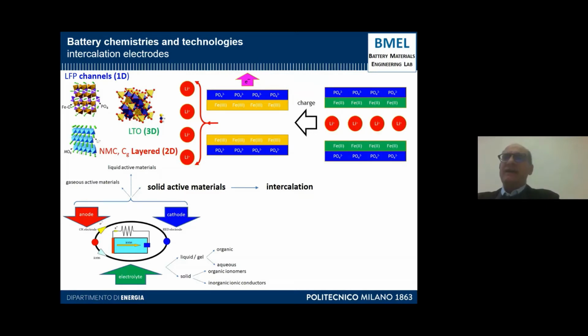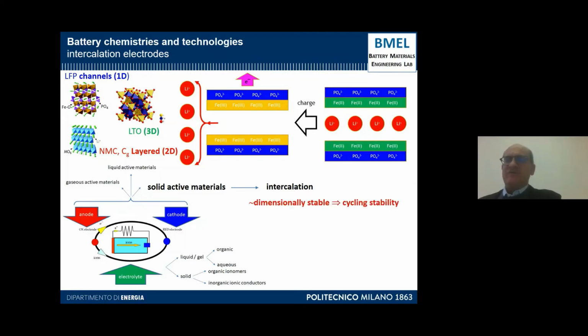Intercalation anodes instead work in a similar way, with the difference that here lithium is directly oxidized during deintercalation and reduced during intercalation, rather than having a redox which is mediated by reduction or oxidation of some of the host materials.